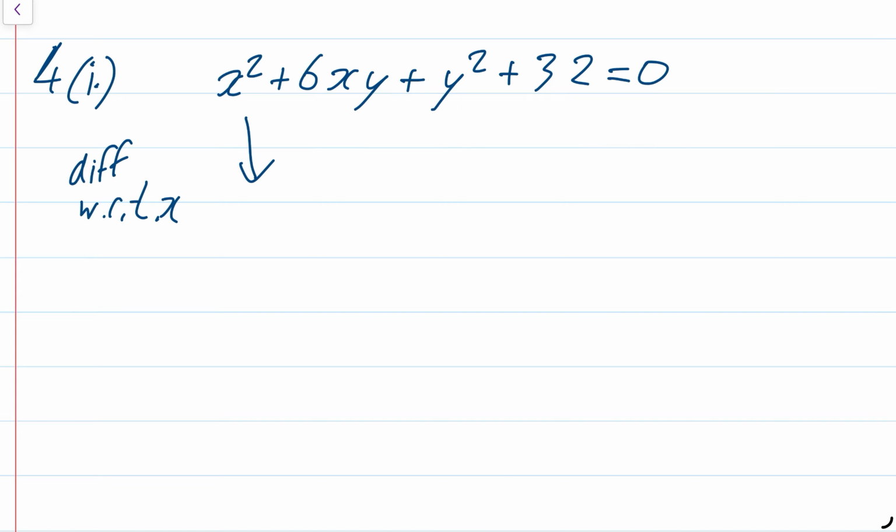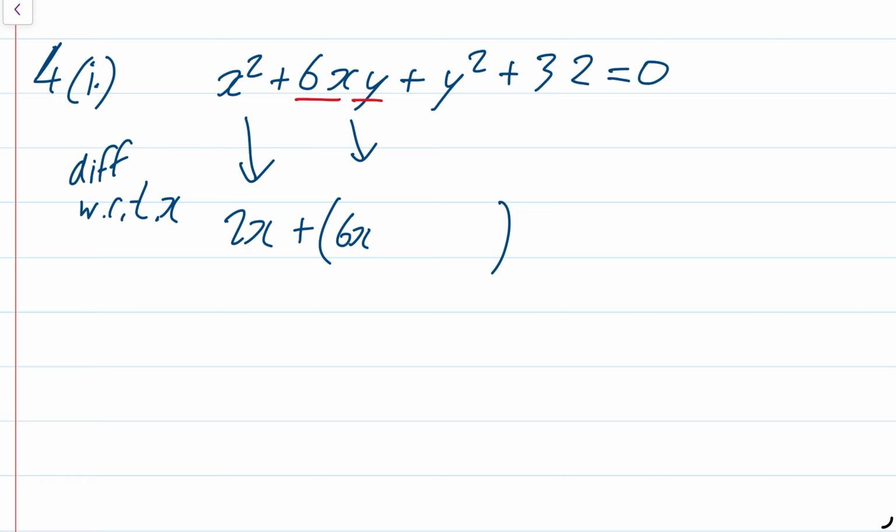Okay, first of all, if you differentiate x squared with respect to x, that's nice and easy. You just get 2x. And then this thing we're going to differentiate with respect to x. So this is what's called a product. When we're differentiating products, you have two bits here. One way of doing this is just to write down the first and differentiate the second.